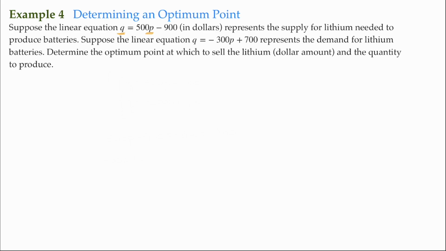Now, since this is a relationship, we're going to write it as a system of linear equations. We have Q equals 500P minus 900, and we have Q equals negative 300P plus 700.